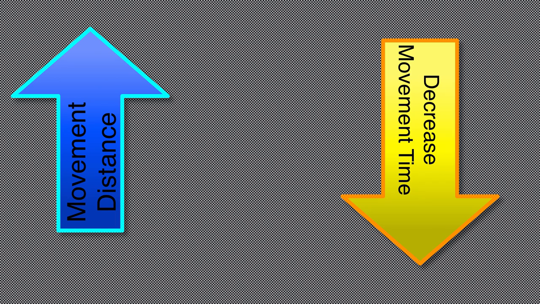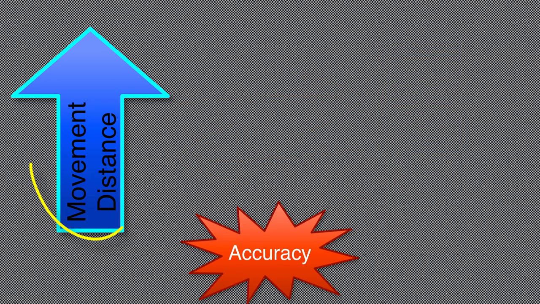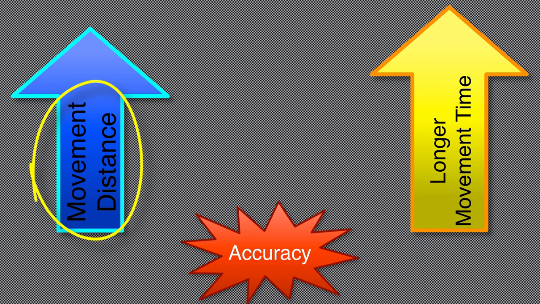So the increases in movement distance and decrease in movement time can be traded off to maintain accuracy. So what this means is that if I increase the distance of the movement, we would expect it would take longer to perform the movement if I keep the rate of force production and the muscle contractions the same regarding velocity and allow for the errors to be corrected. So in other words, I can increase the movement distance by lengthening the movement time to maintain accuracy.